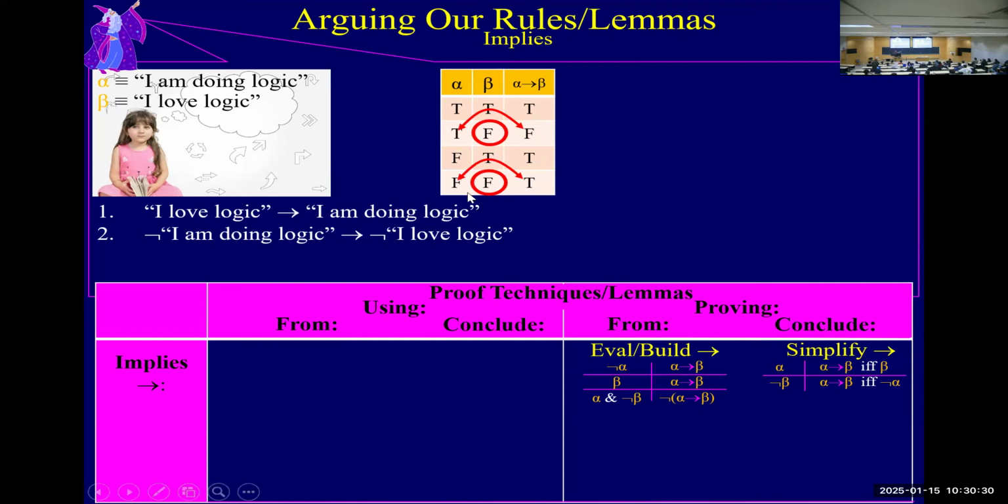If beta is false, then it flips. If alpha is true, then the sentence is false, and if alpha is false, the sentence is true. Everybody kind of follow that? You can just say here, if beta is false, then I can simplify this to this. Everybody good?